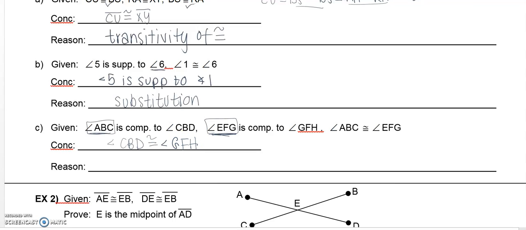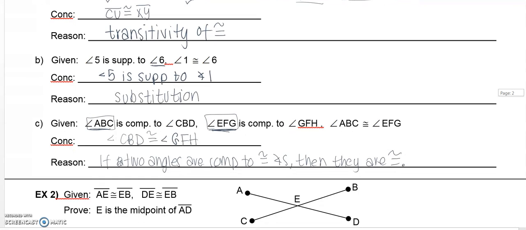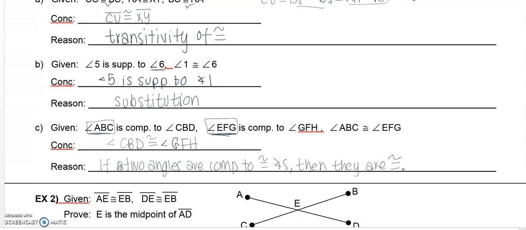And that reason is one of my previous reasons: if two angles are complementary to congruent angles, then they are congruent. So it's not substitution, it's not transitive. We are just making that conclusion about our complementary statements.